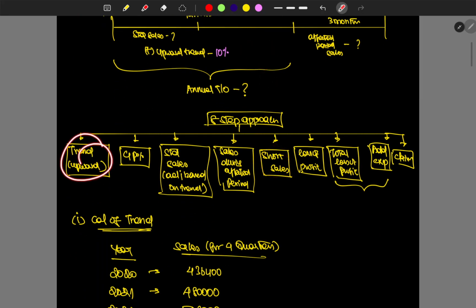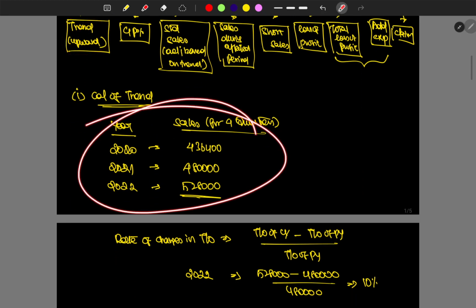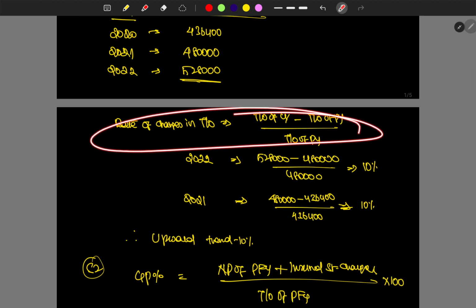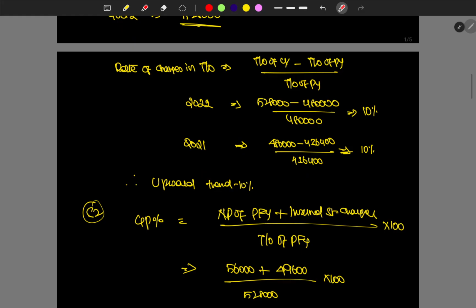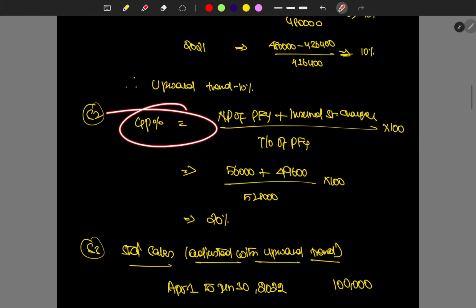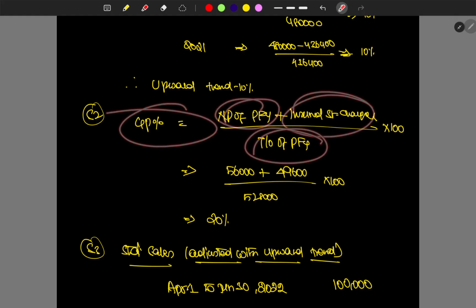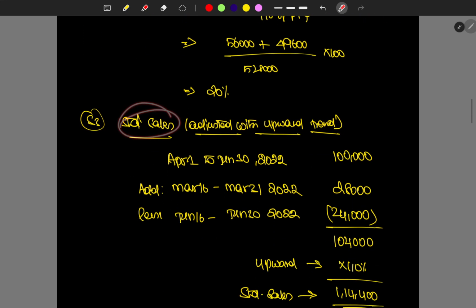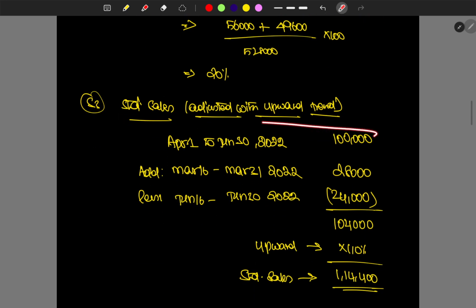First we need to find out the upward trend with the help of sales for the relevant period, and then we did the rate of change in turnover, and we assumed that upward trend is 10% for every year. Then we found out the GP percentage with the net profit of the previous financial year, insured standing charges and the total turnover of the previous financial year, and then we found out the standard sales.